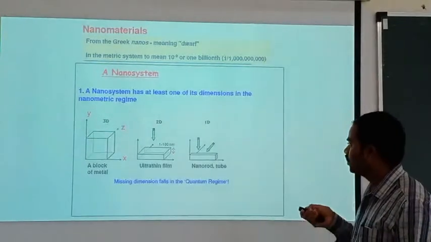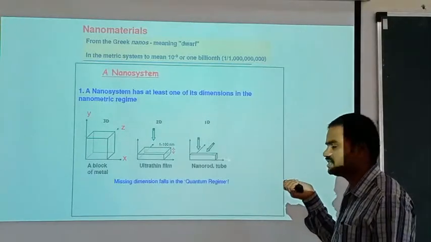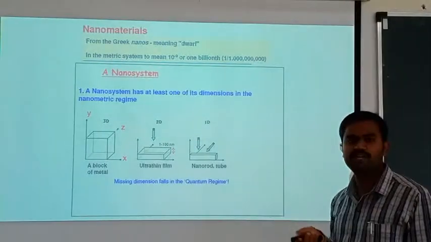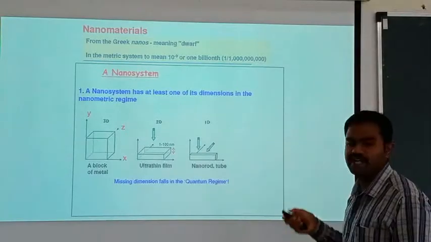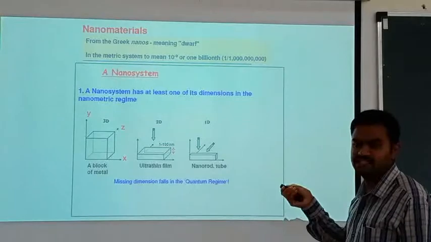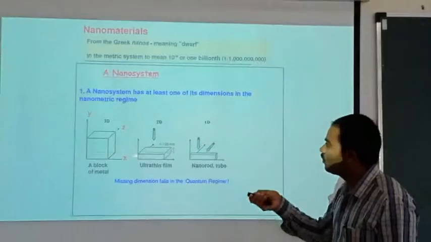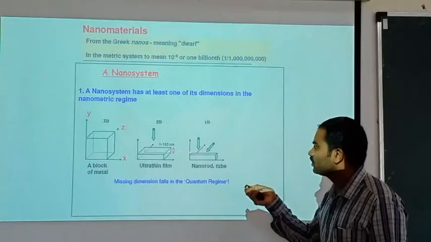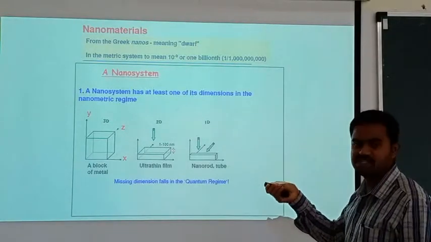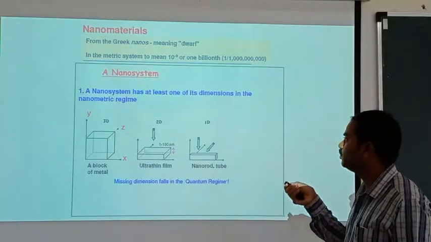Now again, when you cut down another dimension, only 1 dimension is present and the other 2 dimensions are very small, which is called a 1-dimensional material. These are the 3 different forms of the nano system: 3-dimensional, 2-dimensional, 1-dimensional. When you reduce the dimensions, it changes from 3D to 2D, 2D to 1D.